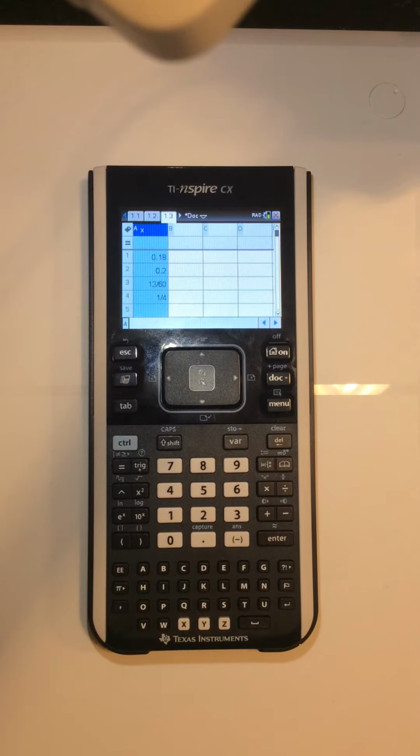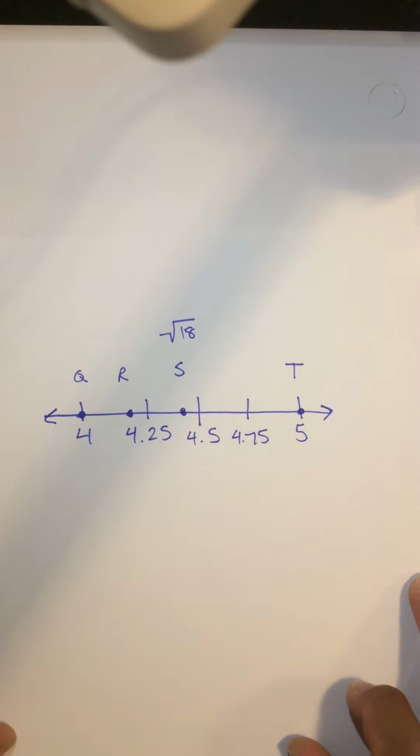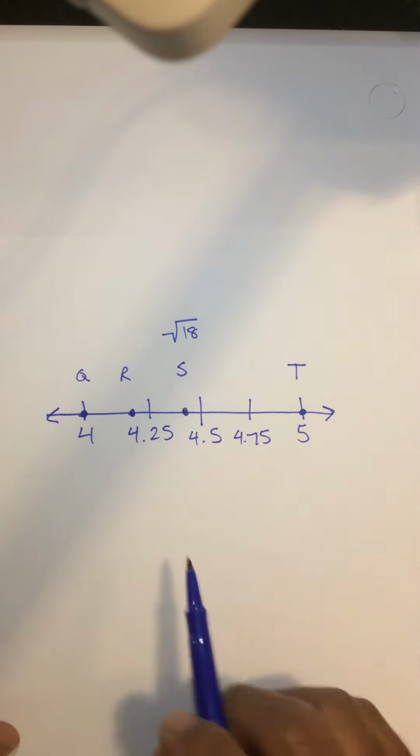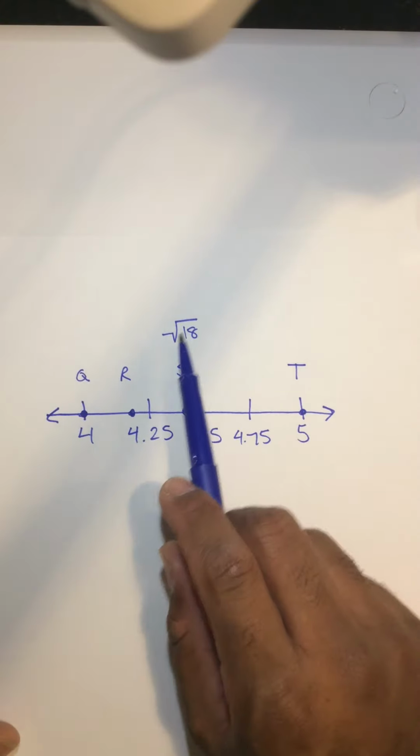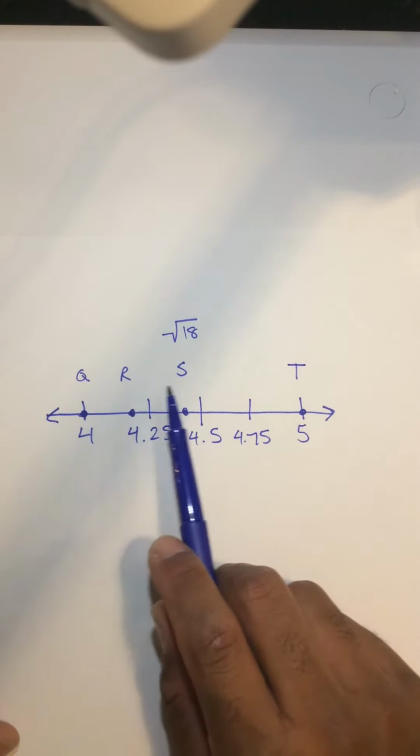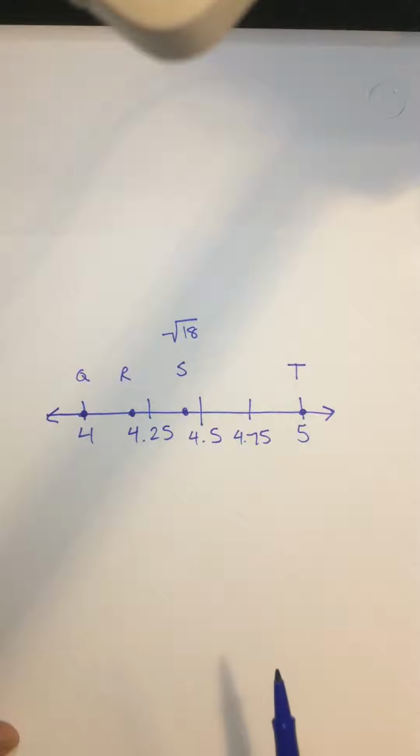Now, I want to talk about another type of problem. What if I have a problem such as this right here? We run into these problems all the time. And we're trying to figure out, where will the square root of 18 go? Is it Q, R, S, or T?